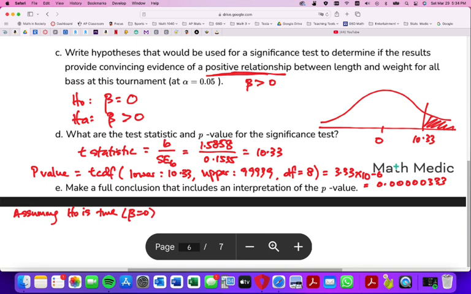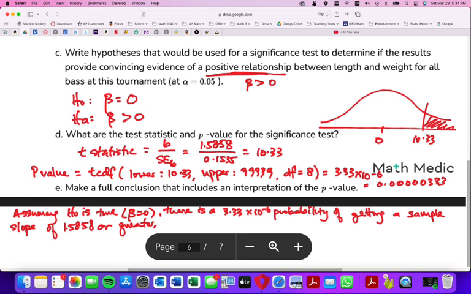If we need to write the interpretation of the p-value, you need to know how to write this properly. I don't know if this is necessary, but please learn and write it properly so that you know what to do. So how do we write the p-value? Assuming H naught is true, and what is H naught? Beta equals 0. There is a 3.33 times 10 to the power of negative 6 probability, a chance, of getting a sample slope of 1.5858 or greater, because it's more than.